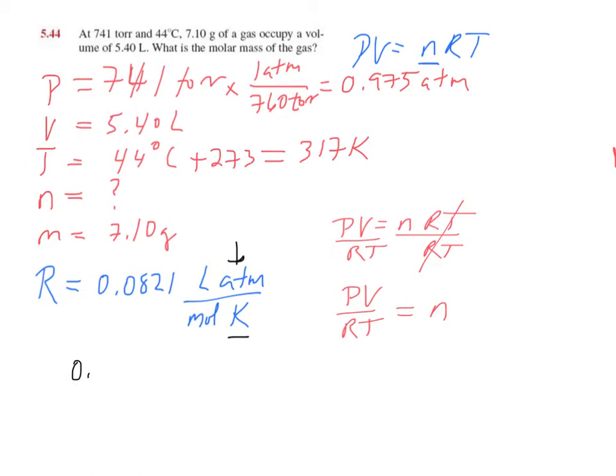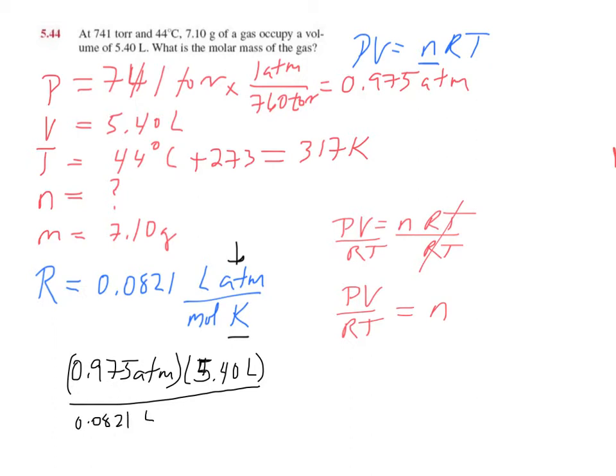So now we can plug in all of our values to find the value of n. 0.975 atmospheres times the volume of 5.40 liters, over R, 0.0821 liter atmospheres per mole Kelvin, times 317 Kelvin, and that's going to give us 0.2023 moles.